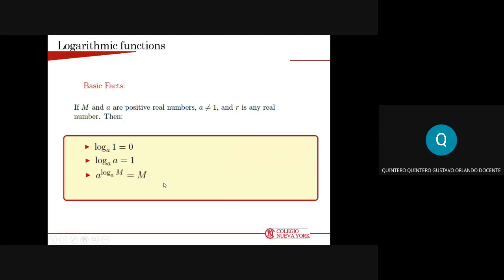How about this one? How about this fact? This one is hard. Can anybody say it? Okay, Carlitos, wait.